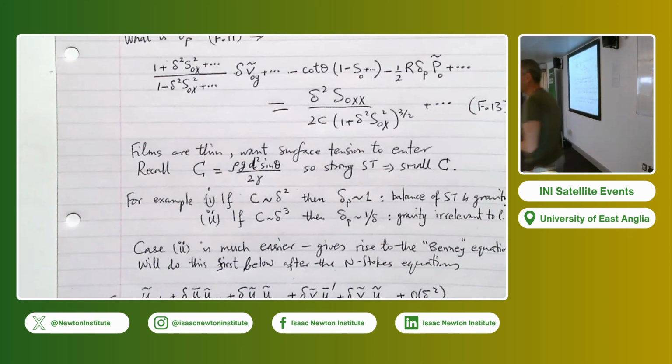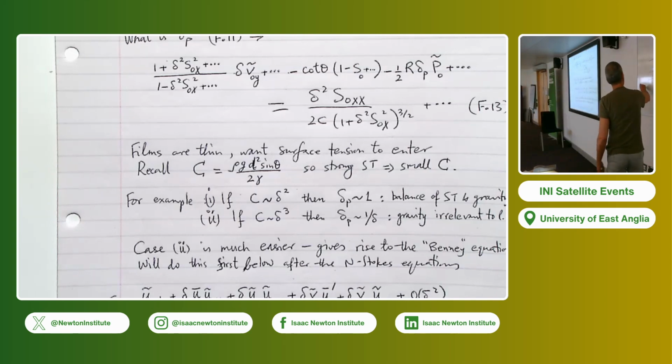Yes. When you said assume that S is order 1, is that actually from the kinematic condition? That's from thinking of what I want to solve if I have the undisturbed flow like this, with this being order 1. Then I can allow perturbations of really small sizes, or sizes as big as the thickness.